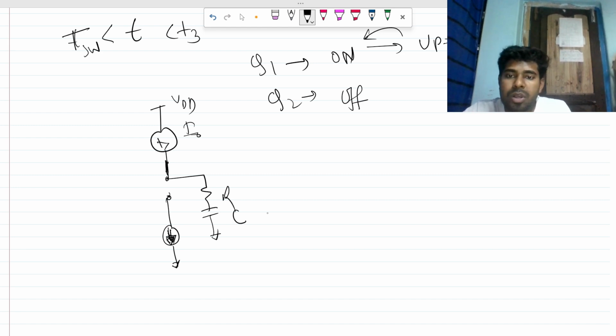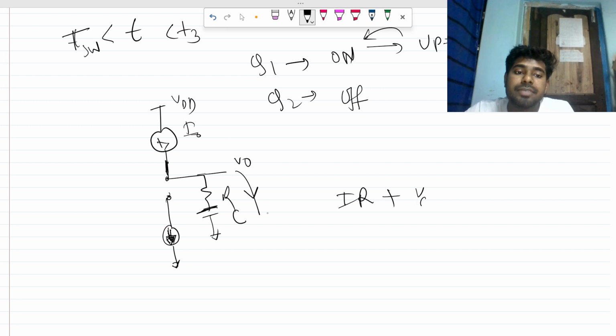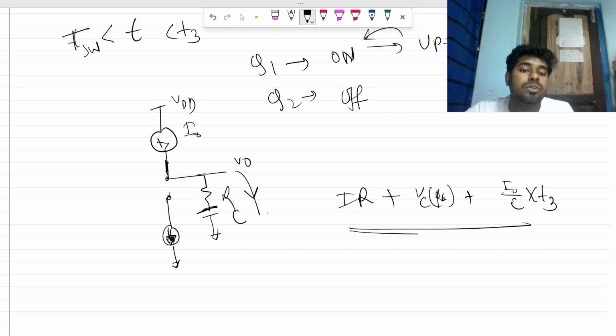So again it will charge, but how much will it charge? Previously there were some charges, and on top of that it will have another voltage across it. So V out will be nothing but IR plus the previous voltage of VC, plus 1 over C IC into T3. So this voltage will be the case.